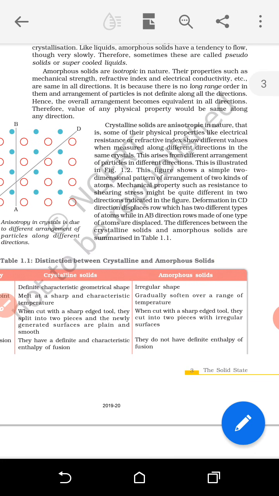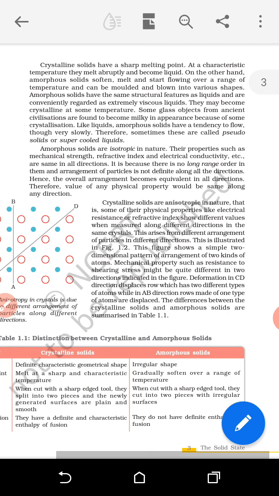Also, amorphous solids are isotropic in nature, that is, the various physical properties like mechanical strength, refractive index, electrical conductivity are the same in all directions.